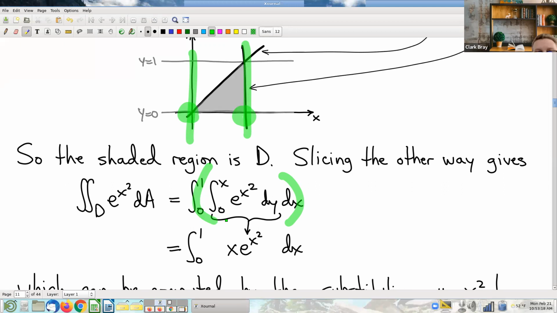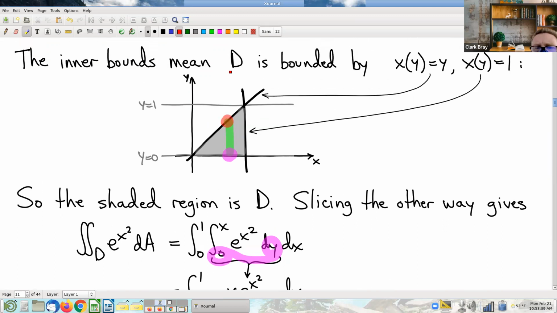Yeah. And then for any given value of x, y starts there, which is y equals 0, and it ends there, which is on this curve with equation x equals y.